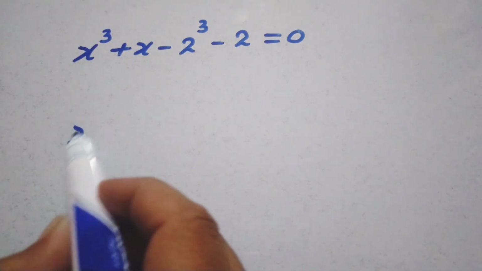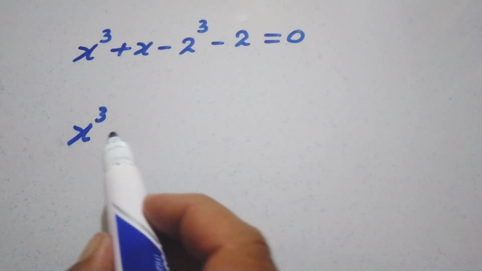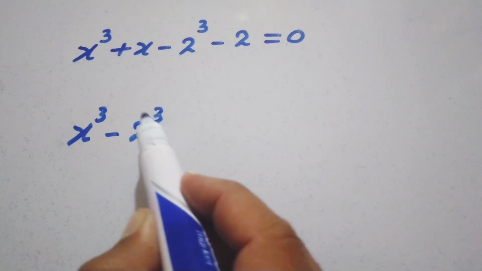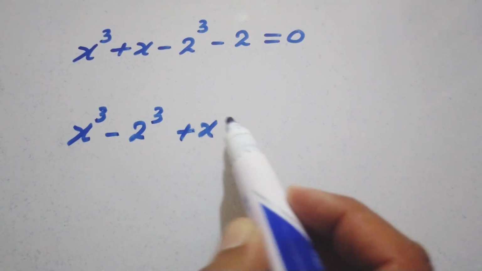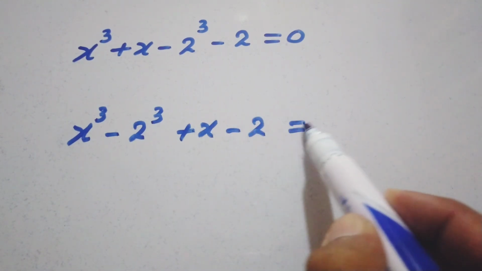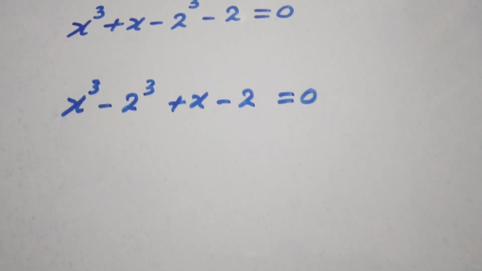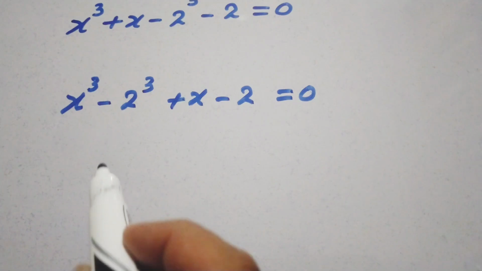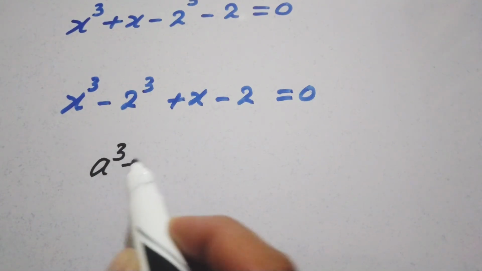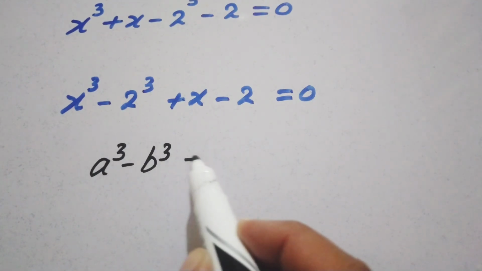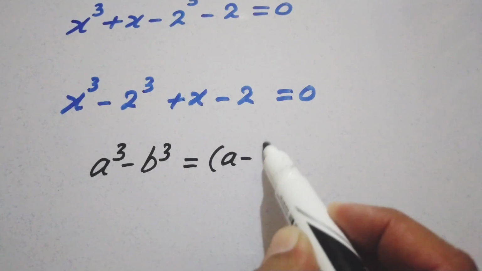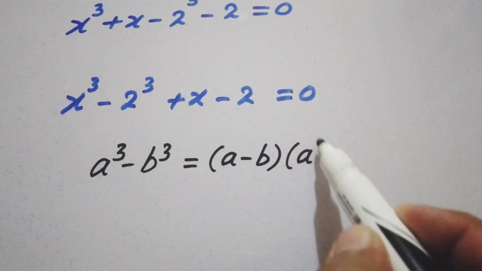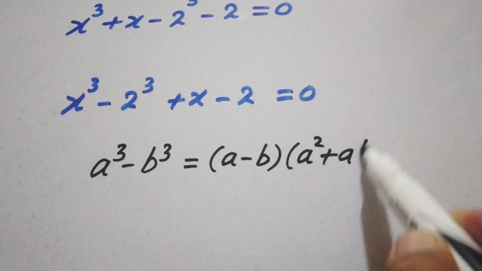Now rearranging this, x cube minus 2 cube plus x minus 2, this is equal to 0. Now we will use here the algebraic identity, that if we have a cube minus b cube, this is equal to a minus b into a squared plus ab plus b squared.